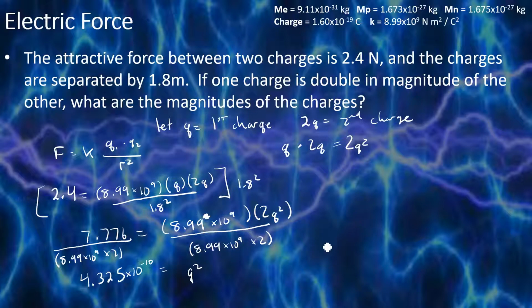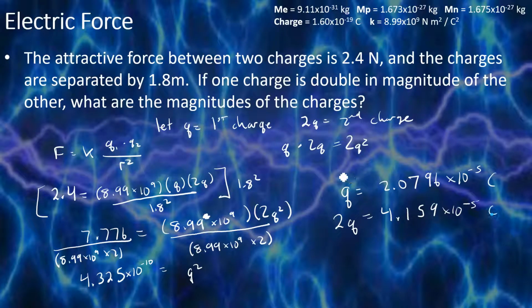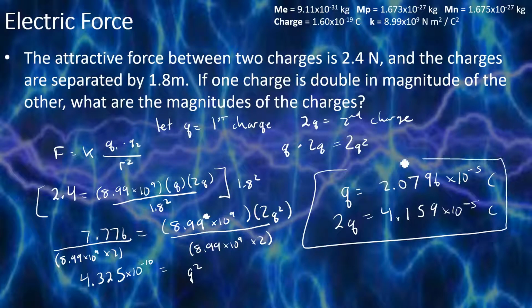And when we square root it, our Q is 2.0796 times 10 to the negative fifth, which means 2Q is 4.159 times 10 to the negative fifth coulombs. Okay, good. So over a microcoulomb there.